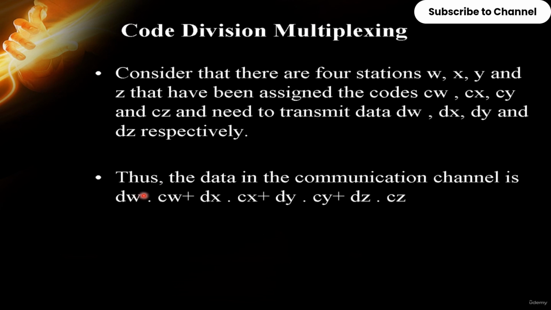The communication channel is given by this formula: DW·CW, where DW is the data and CW is the code of station W. Similarly, DX is the data of station X and CX is its code, plus DY is the data of station Y and CY is its code, plus DZ·CZ. Likewise, the codes are multiplied between the stations.